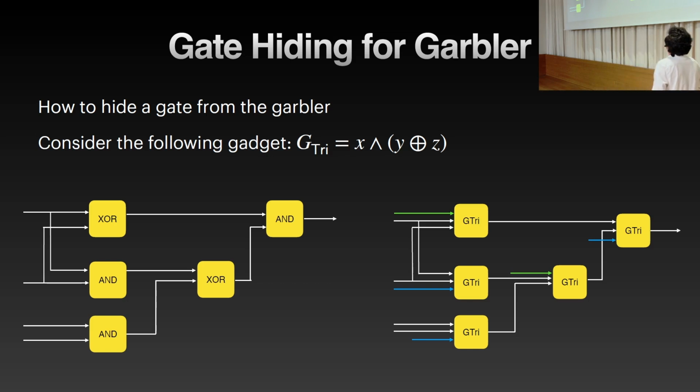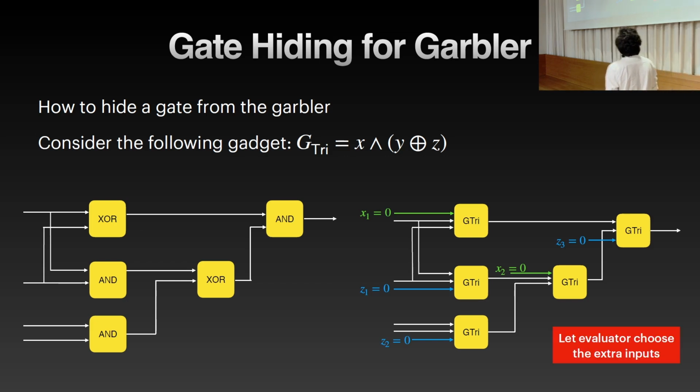The idea is to replace all the XOR gates and AND gates in any circuit with this particular gadget, and then let the evaluator program these inputs. If you want to program it as an XOR gate, then you program the X value to 0, and if you want to program it into an AND gate, then you program the Z value into 1.